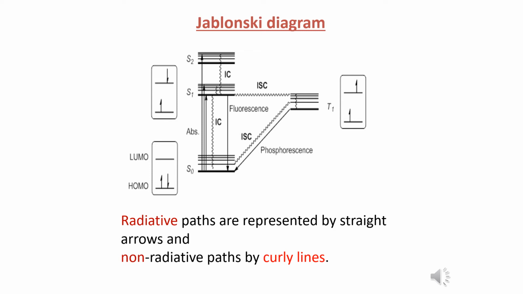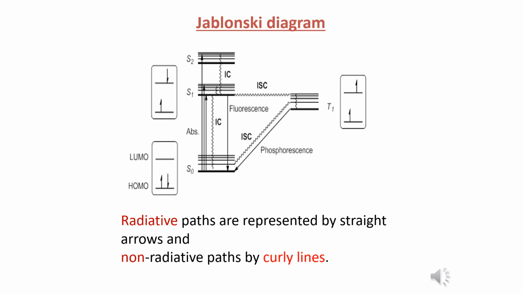But in the triplet state, the electron is excited with inversion of spin, so both have plus half value. The total spin angular momentum is half plus half, equal to 1. Spin multiplicity 2s plus 1 is 2 into 1 plus 1, equal to 3. So the spin multiplicity is 3.